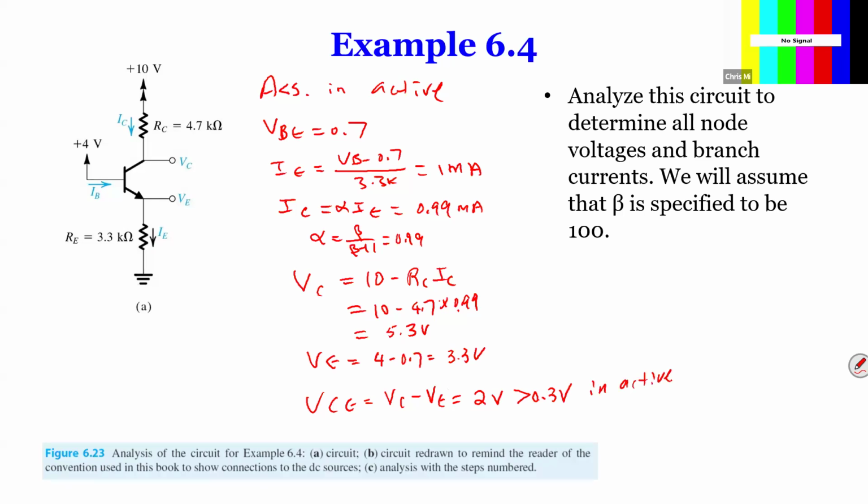So at this point, we found VCE to be 2 volts, which is larger than the saturation voltage, which means it is in the active mode. So we're done with the problem. It's fairly simple. But the last step, I'm going to find IB. You have 2 ways to find IB. You can find either IE minus IC, or you can use IC divided by beta, which is going to be 0.01 milliamps anyway.